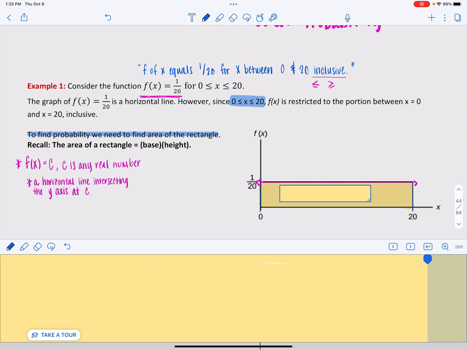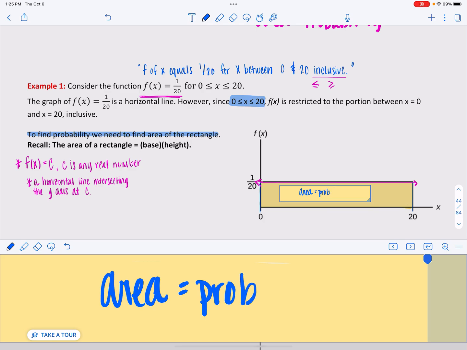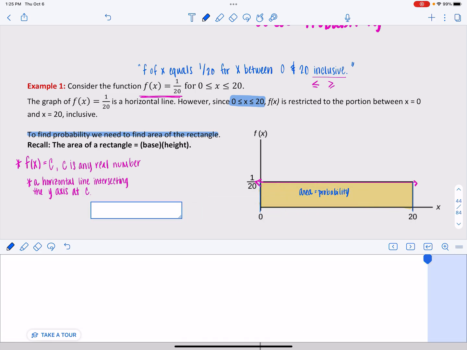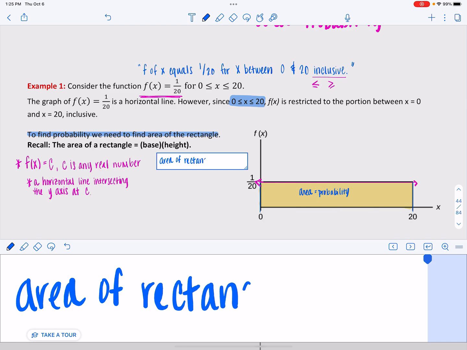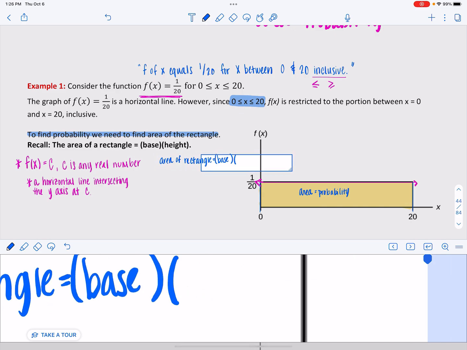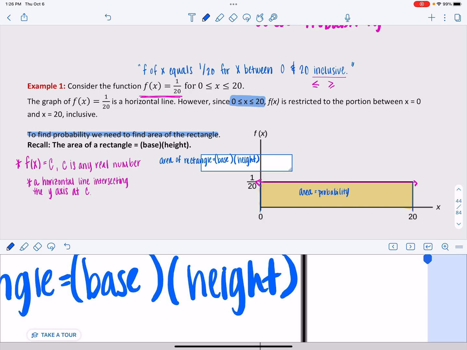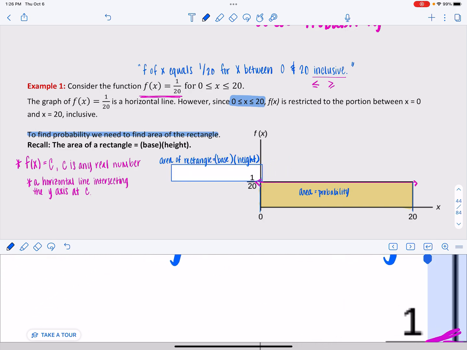We need the area. Well, you guys know how to find the area of a rectangle. Area is still base times height. That has not changed for you guys.